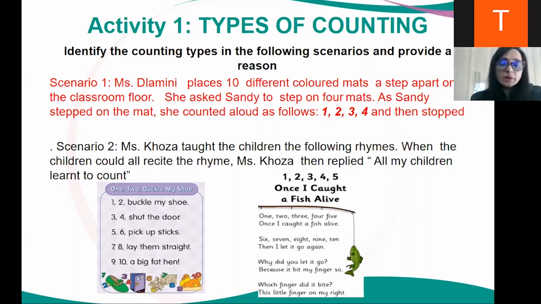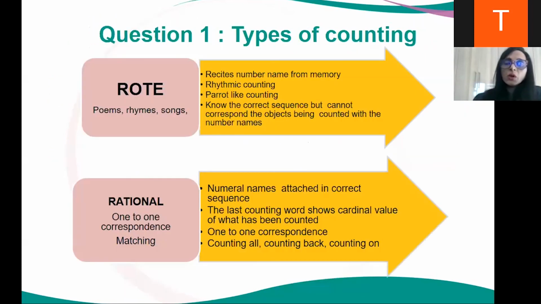All of you know this rhyme. And 1, 2, 3, 4, 5, once I caught a fish alive. Now, you have to determine whether scenario 1 and scenario 2 is rote or rational counting. I want you to make up your decision, but let us look at what both types of counting entail.